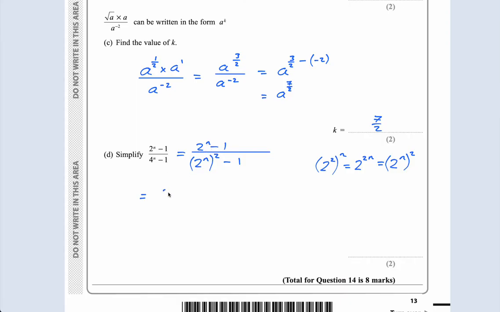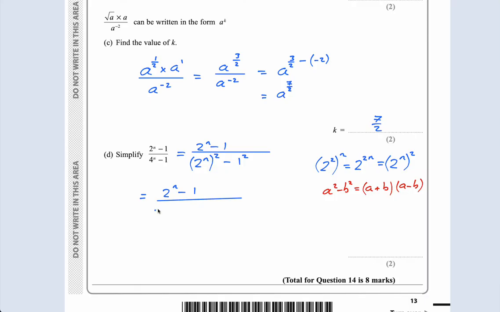So the numerator is still 2 to the n minus 1, and the denominator is a difference of 2 squares, because it's this squared minus this squared. And the difference of 2 squares rule is a squared minus b squared equals a plus b times a minus b.